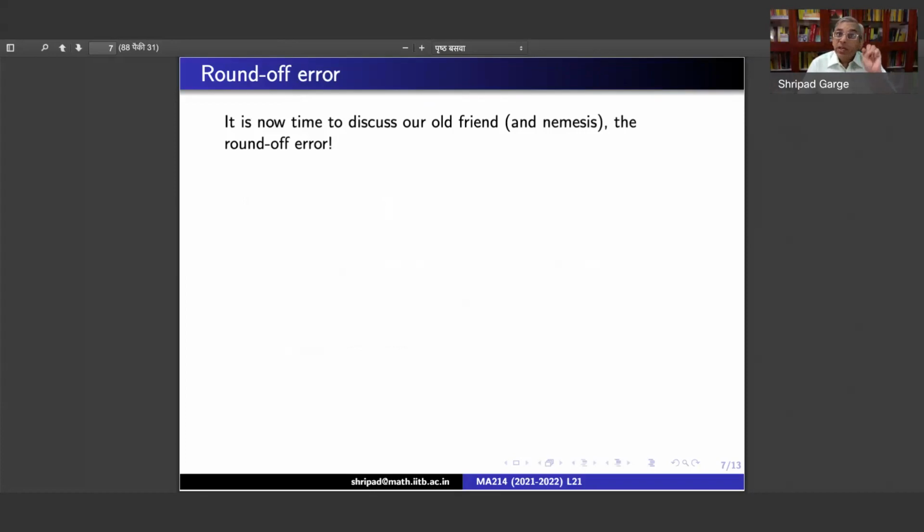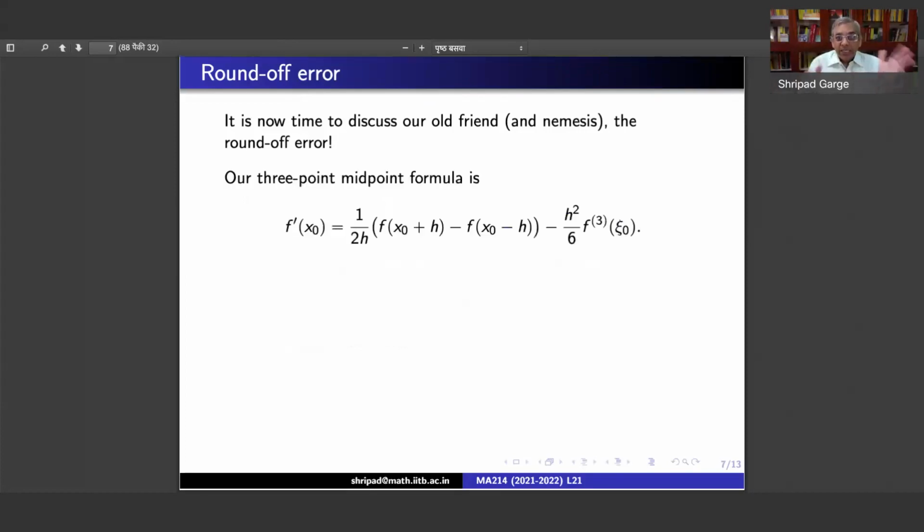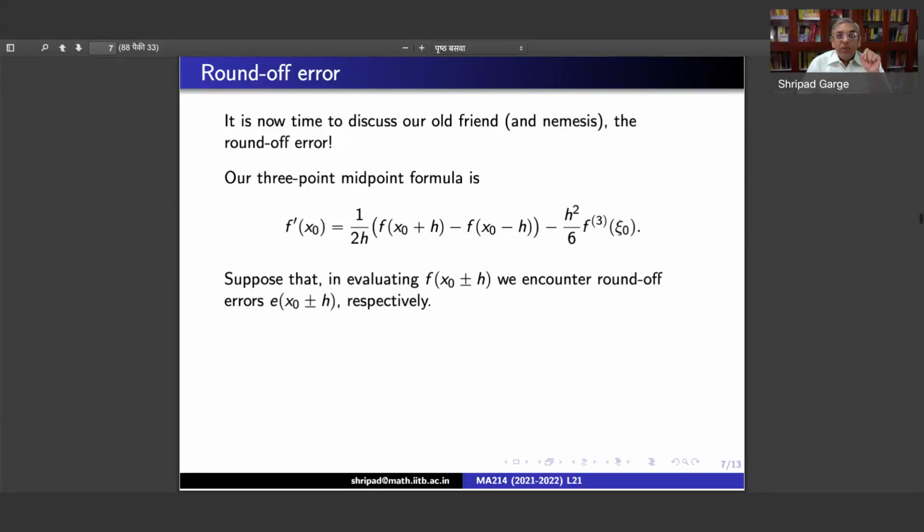But there is also the round off error. So what does it mean? Let's consider our 3-point midpoint formula once again, which reads as it is given here. Now we are going to compute these various values.